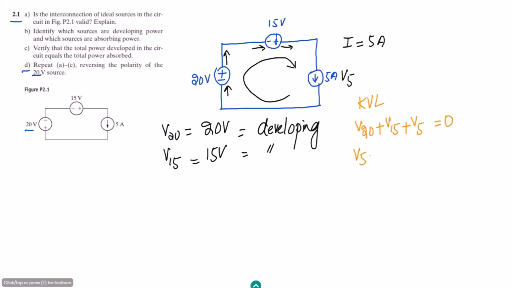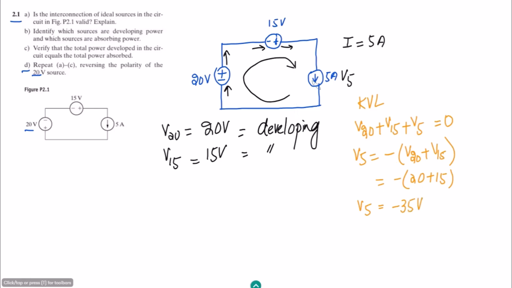So V5 is minus (V20 plus V15), or writing the values, minus (20 plus 15). So V5 is minus 35 volts.